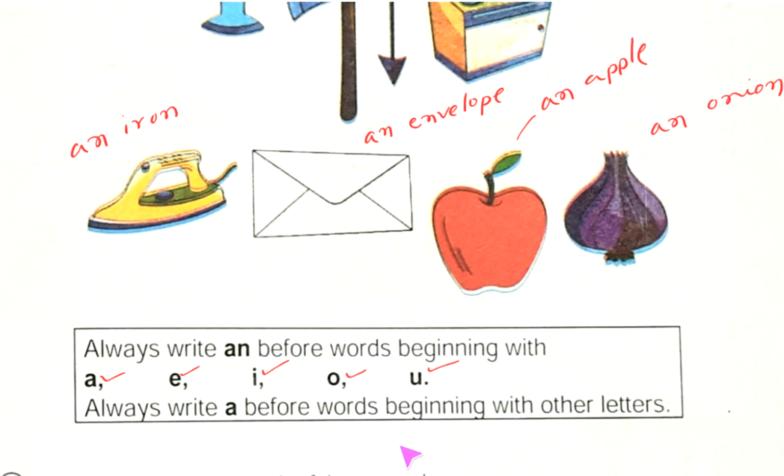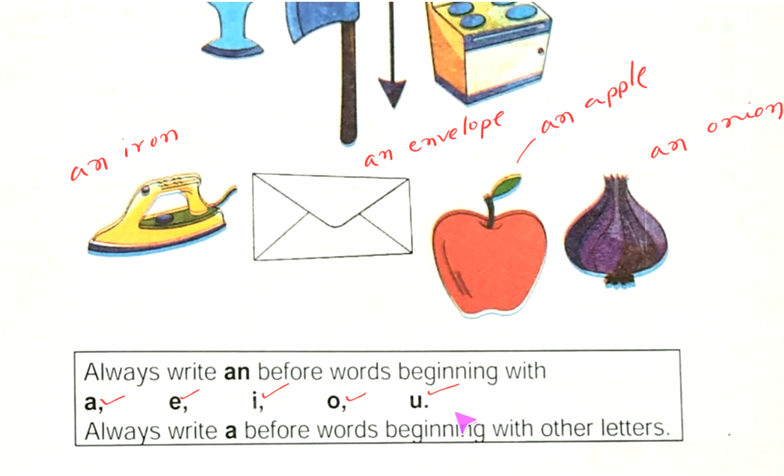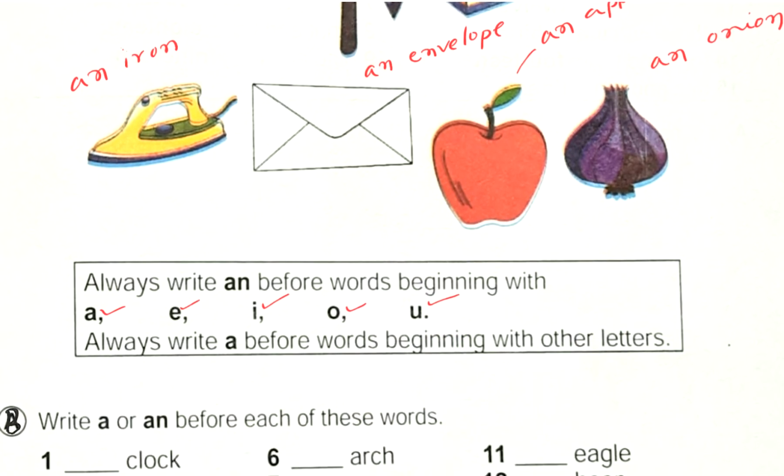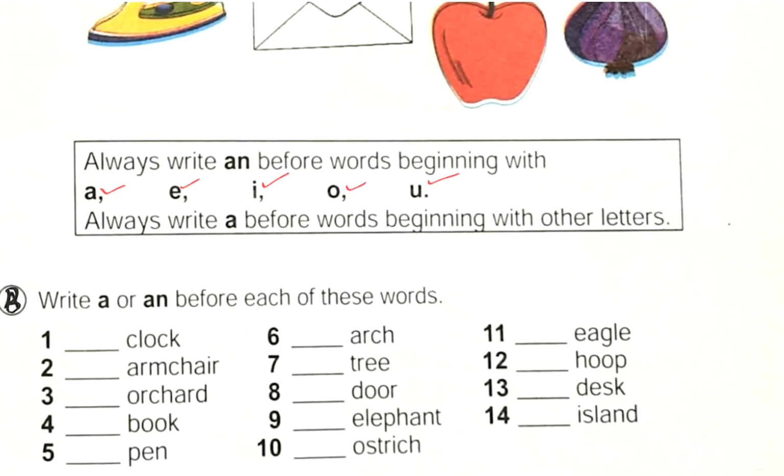So, let us do B number exercise. Here in this place B number exercise is written, write A or an before each of these words.